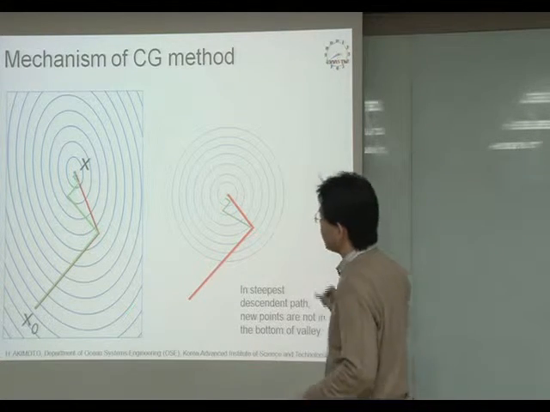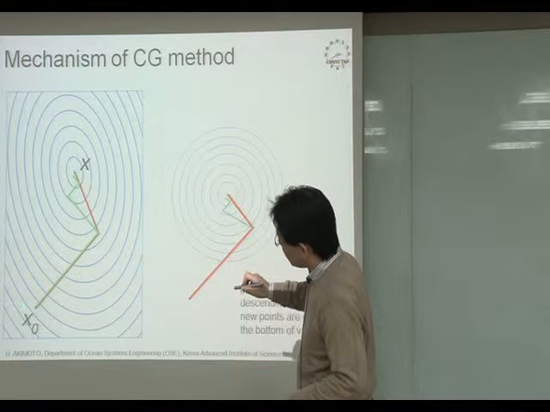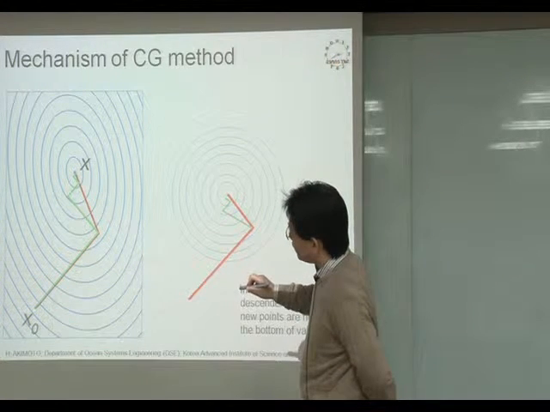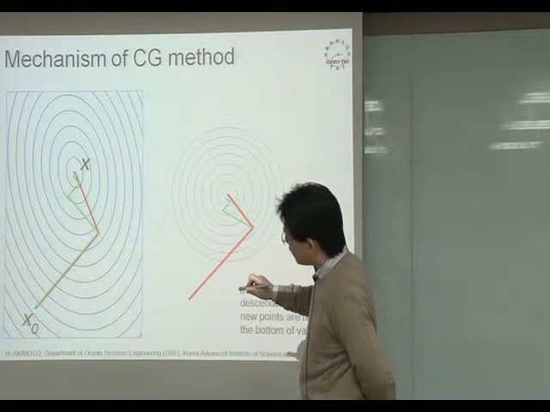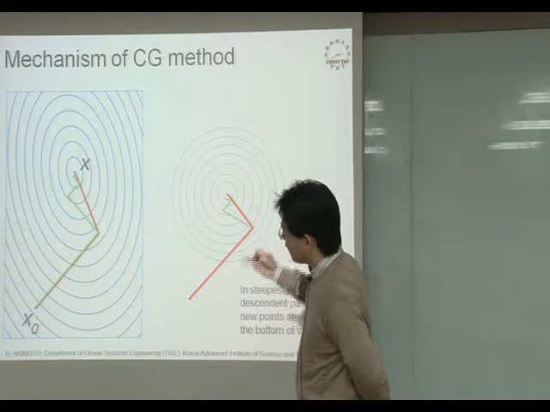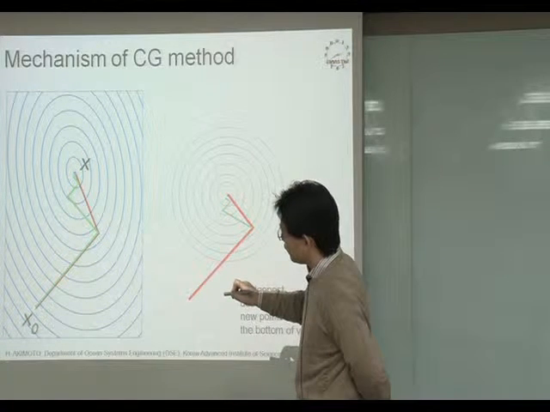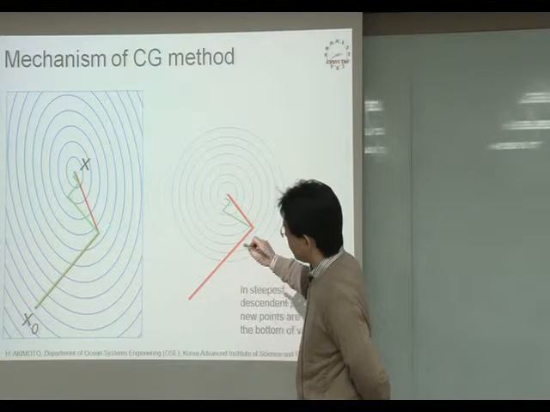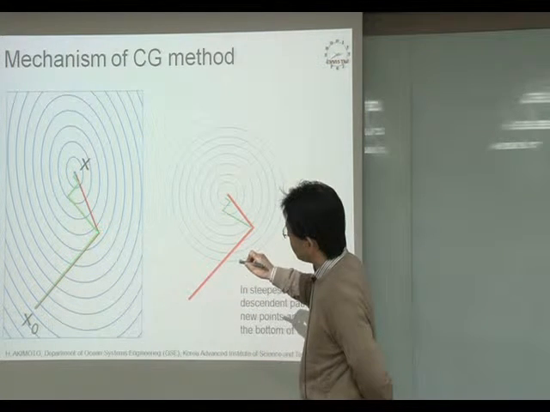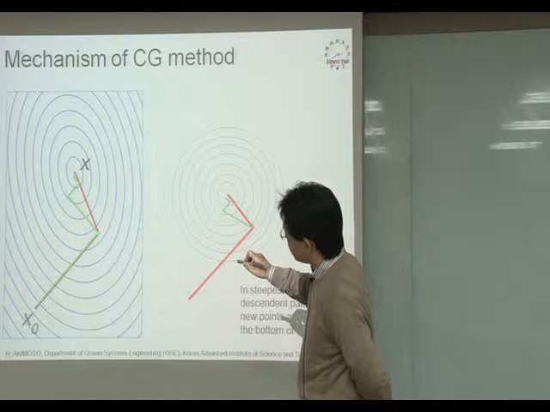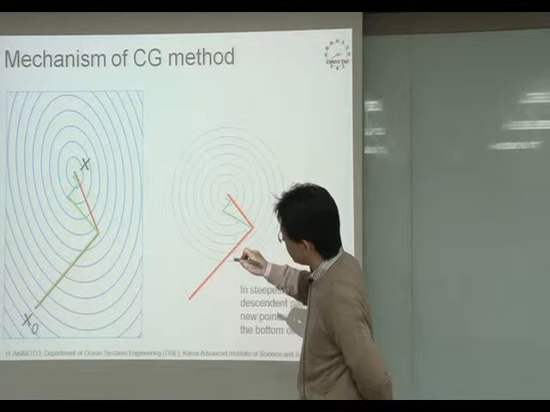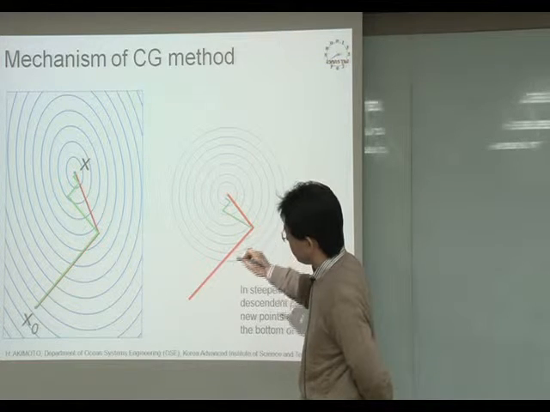The basic concept is that this point is the initial guess, and you can set any direction the first time. So this direction is on this line, and we find the minimized point here. You can see the direction of the gradient is orthogonal to the present searching line.